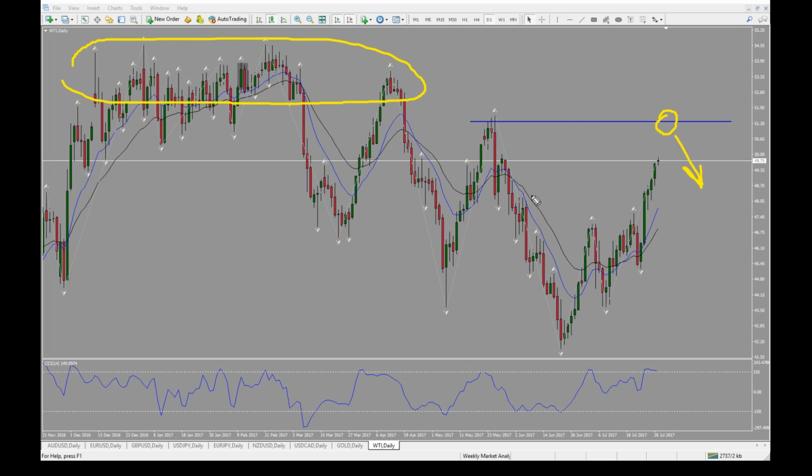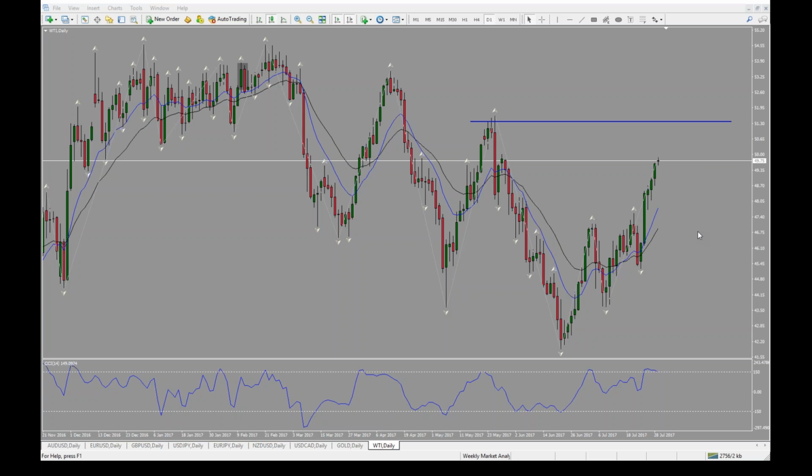But I'm just drawing the line so that I'm starting to set up my charts for what might be coming next. At the moment, I don't want to take anything on this other than possibly, if it comes back, try to take that type of trade, but I'm not interested in that one either. So at the moment, on oil, I will do nothing other than I've drawn that line, so I'll start to monitor and set up my next trade.